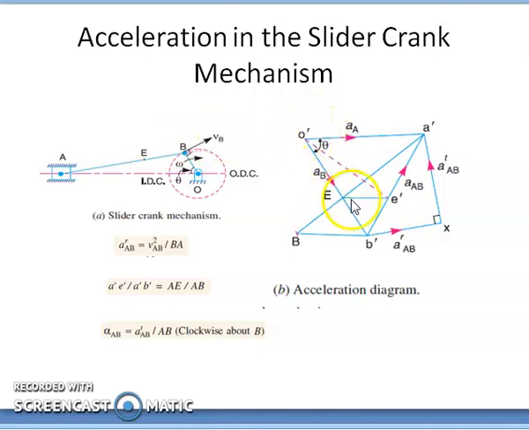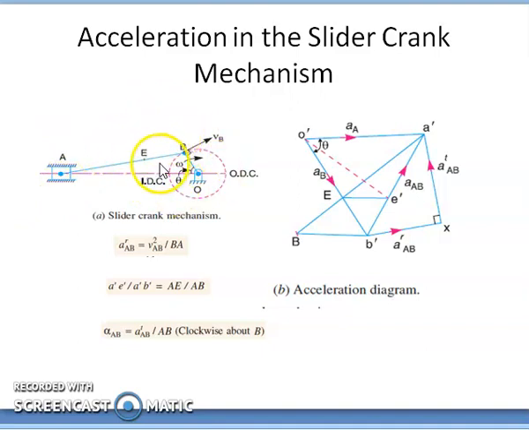Therefore, we have the O'B' vector parallel to OB and directed downwards. And next we have the connecting rod. The connecting rod has both the tangential component as well as the radial component. The radial component will be directed towards the center. Since I am taking acceleration of point A with respect to point B, B acts as the center.